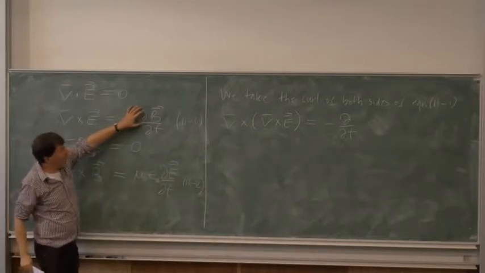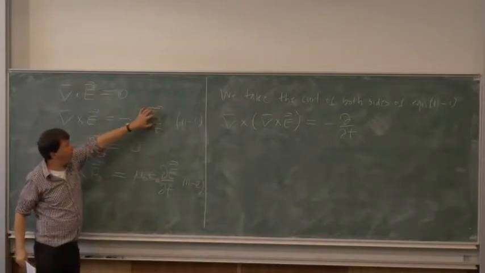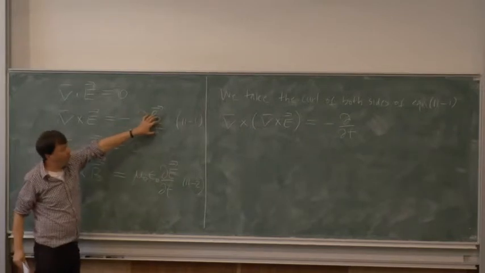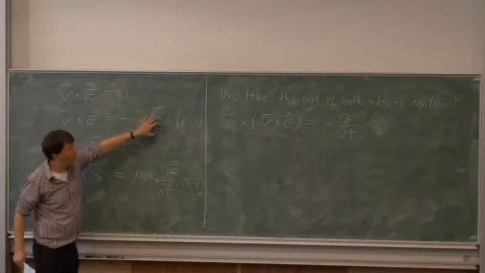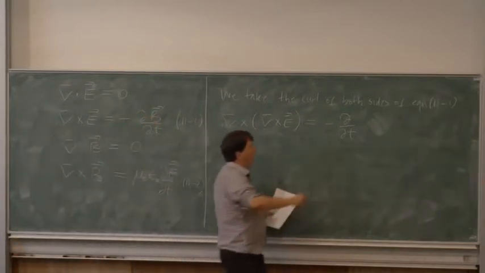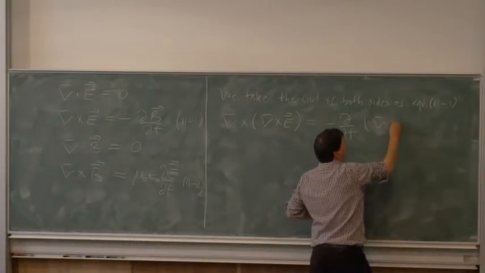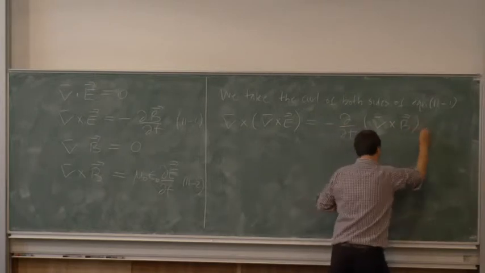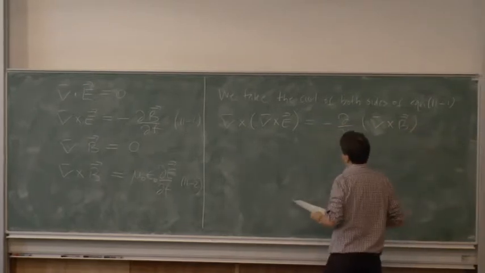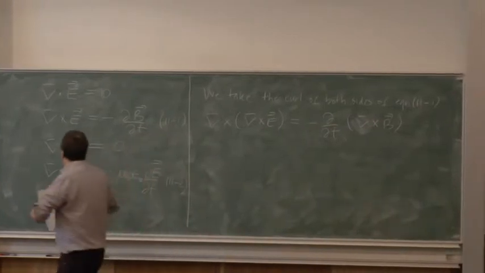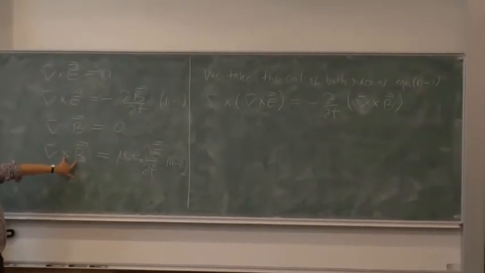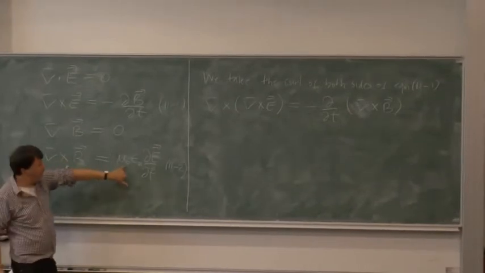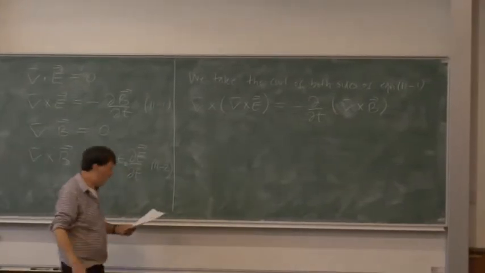I can always change the order of space and time differentiation, so the curl of dB by dt is d by dt of the curl of B. That's the point of the elimination: we know from this equation what the curl of B is. It's mu naught epsilon naught dE by dt.